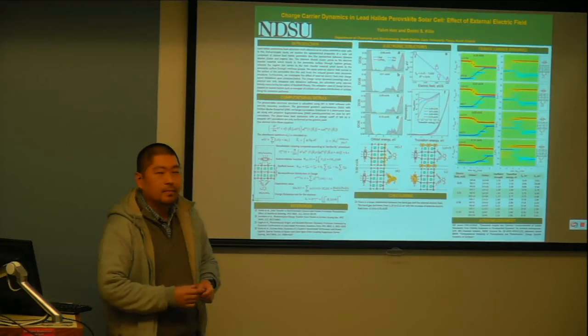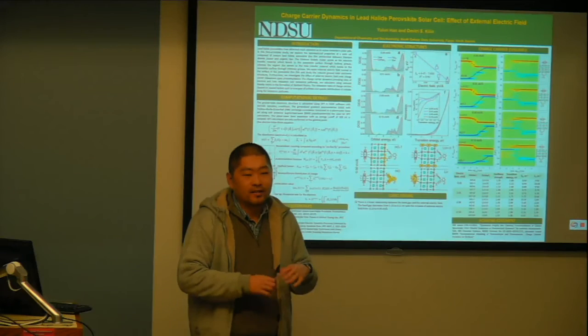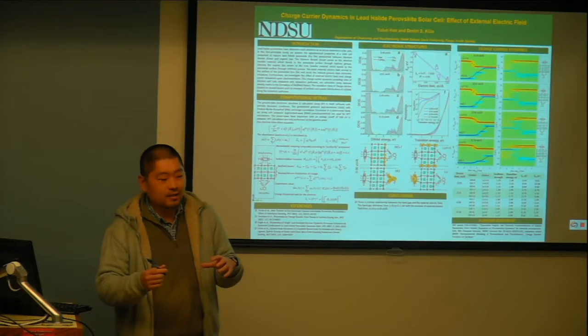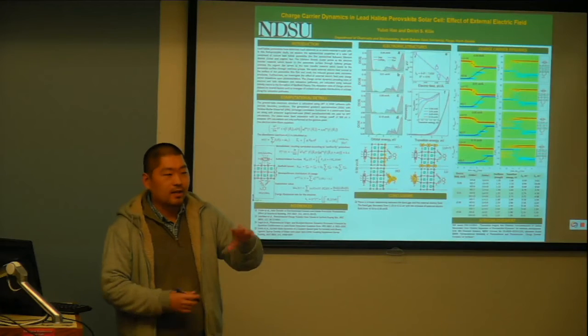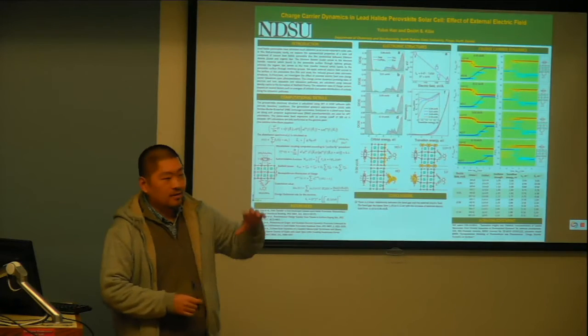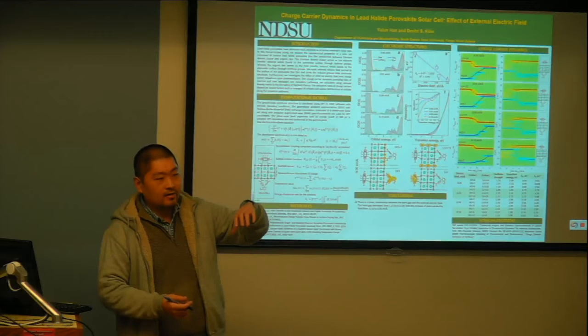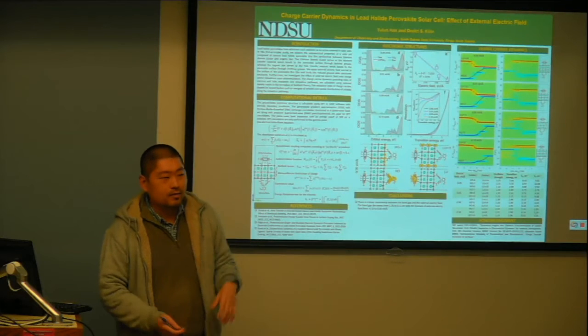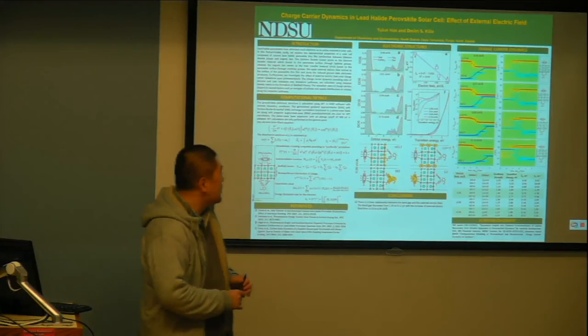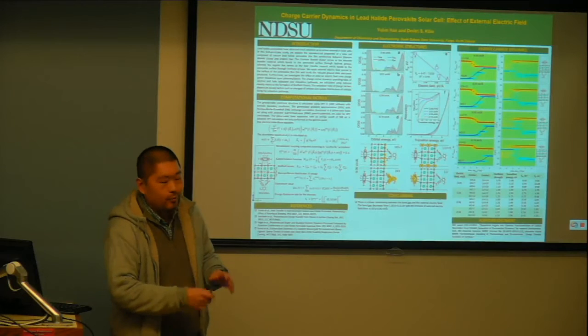For semiconductors, we shine light, so there will be hot electrons and hot holes. These hot electrons and hot holes will relax to the ground state through lattice vibrations, and we characterize these processes.